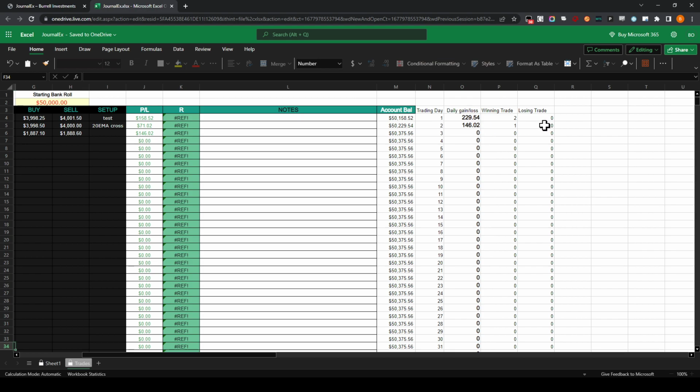It combines multiple trades within the same day and gives you your data on how much you made and how many winners and losers you had on this first page, and then it gets way more detailed on the second page. So here you go. You can see trading day one gain 229.54, two winning trades, zero losing trades, and then day two just that one winning trade.